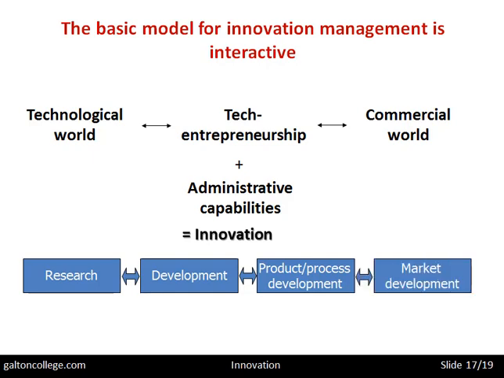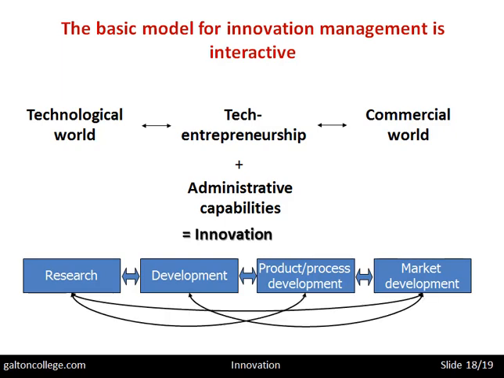And once the product or the process is developed, we then move to market development. If it's an entirely new product, then of course the consumers may have to be educated about it, about its attributes and its desirability. So there may be quite a big marketing job to do.